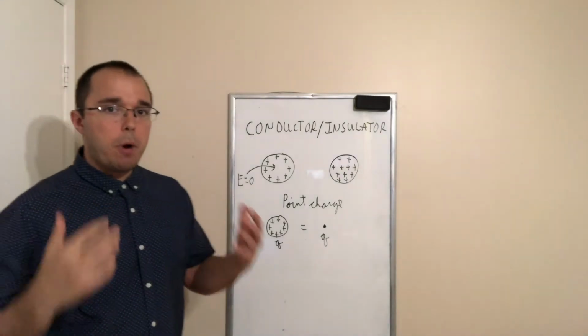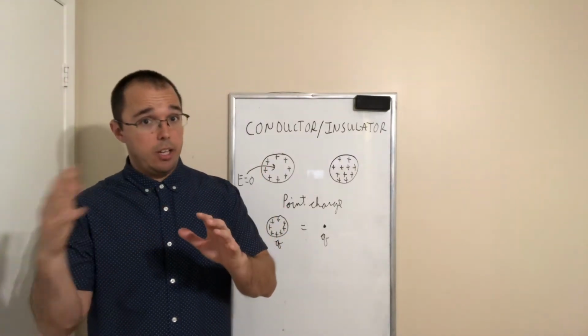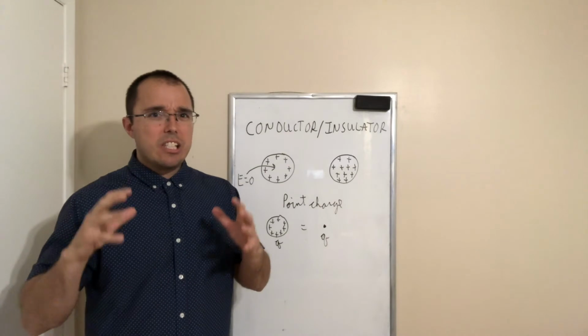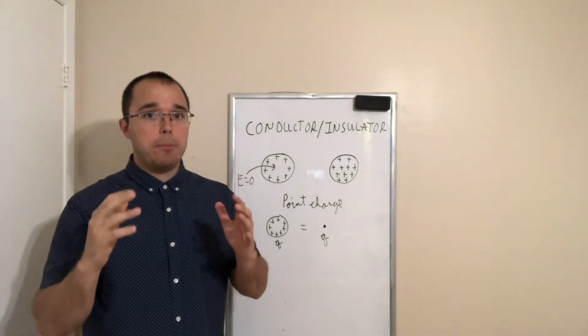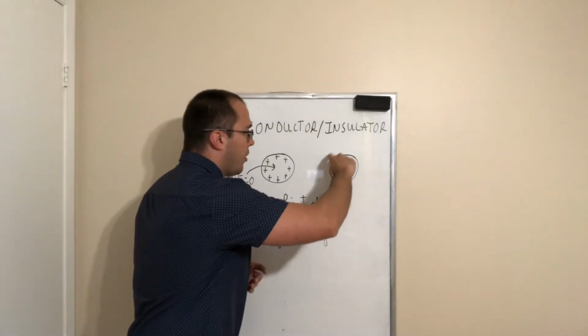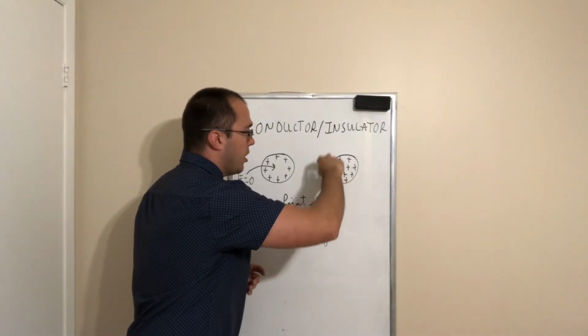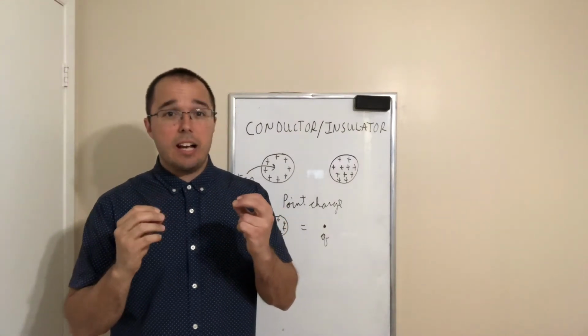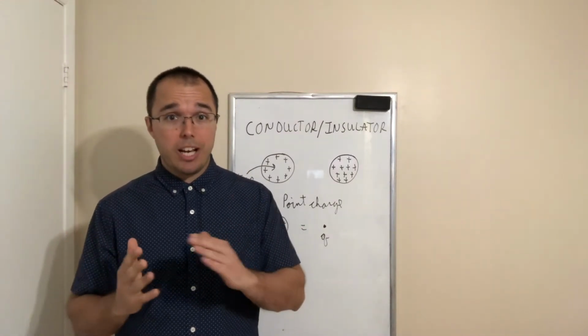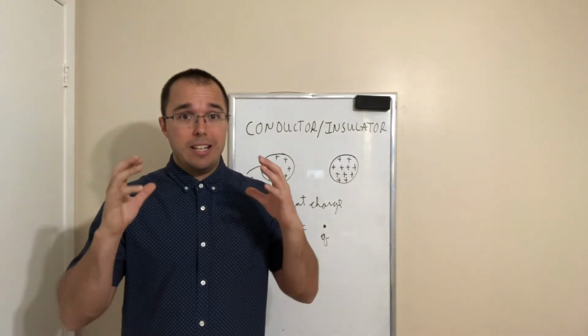Now, one of the types of problems we're going to solve later on using Gauss law is to talk about the electric field inside a non-conducting object. Now, if a non-conducting object is charged, since the charges don't move easily inside, it is possible for that object to have an even charge distribution.